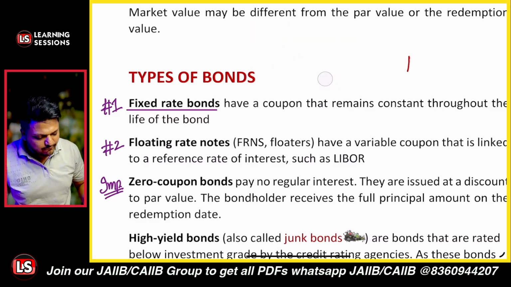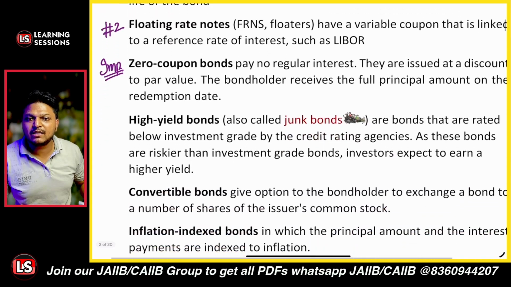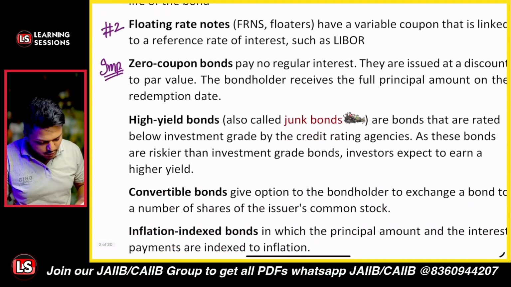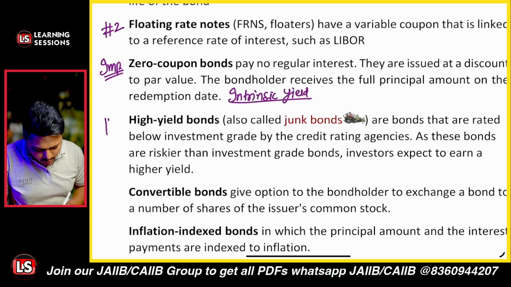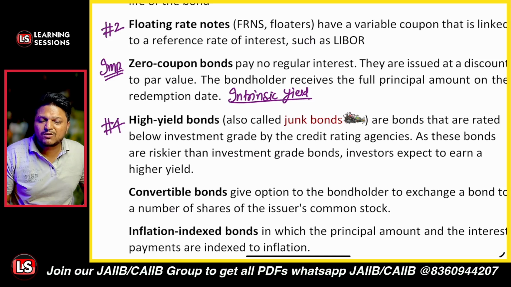What type of yield will there be? There will be the intrinsic yield. We name it the intrinsic yield. I'm just writing it over here. And what about the high yield bonds? High yield bonds are the junk bonds because those bonds are not secured at all.